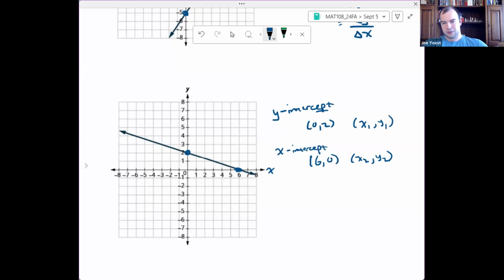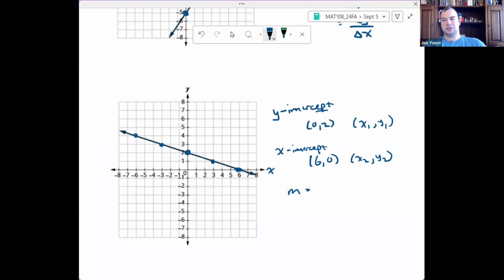If you use 3, 1, or if you use -3, 3, or -6, 4, all also valid points to use for this. I picked the intercepts because of the zeros. That makes my arithmetic a little bit easier to do, but it's not wrong to use any of these other points. Again, as long as you're consistent with which one is the 2 and which one's the 1, which one comes first and which one's subtracted off of that.